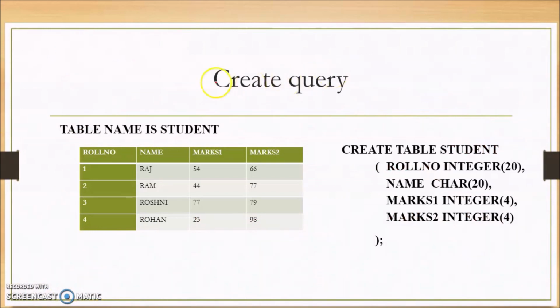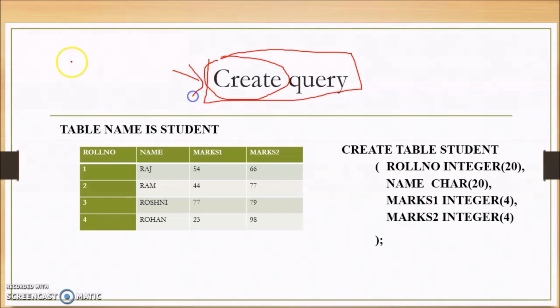Now next comes the series of SQL queries. One by one we would be discussing the queries. So the first query is the create query. As the name says, create means to create something. Like, as you know, in the database, suppose this is database A. Always the database contains some tables.